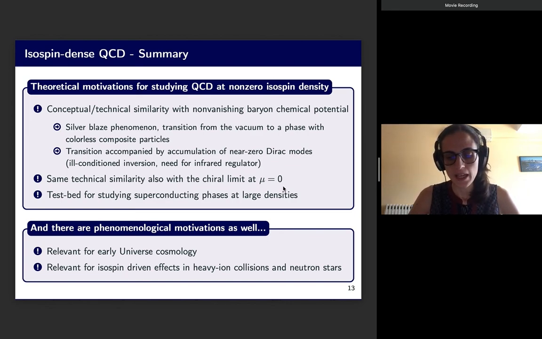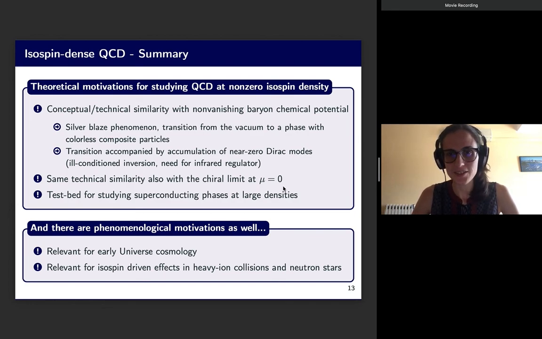And as usual in our simulation, the idea is that we can have full control over the parameters, and therefore effects that in nature are triggered by variation in just one parameter can be studied in the simulation. In that case, one can say that the non-zero isospin density setup is relevant for studying isospin-driven effects in systems like heavy ion collisions as well as neutron stars.